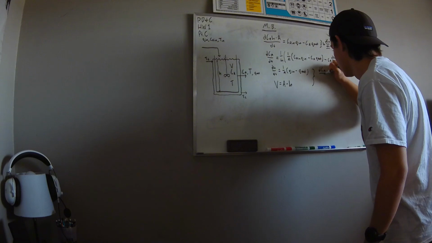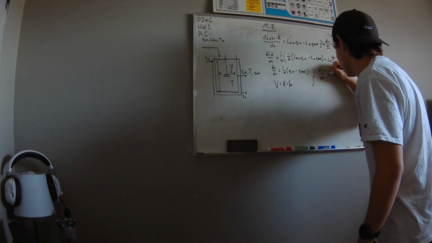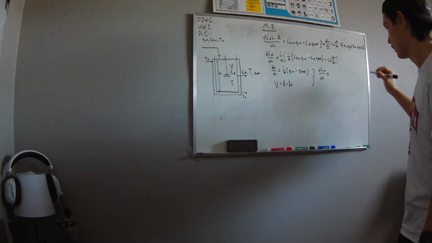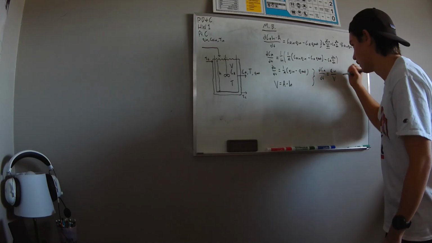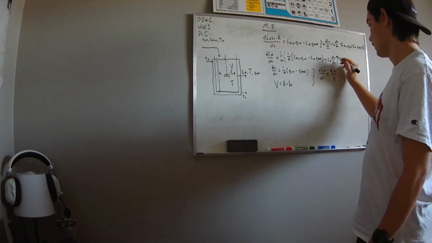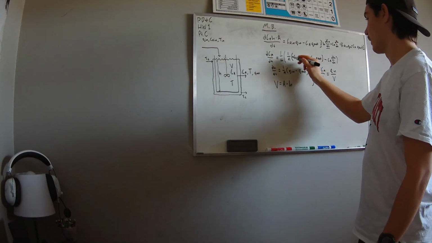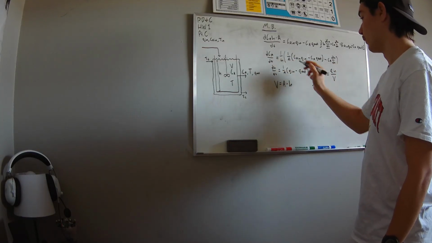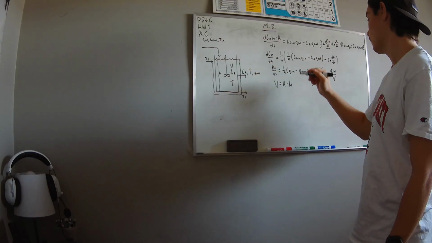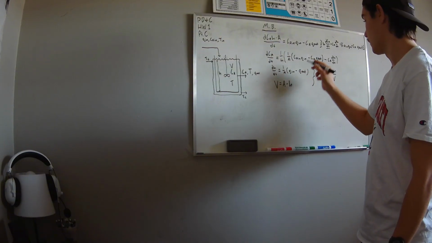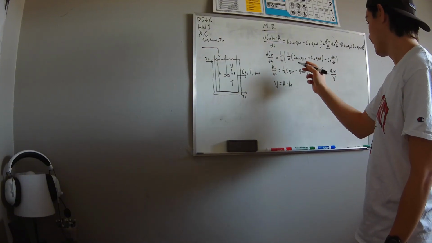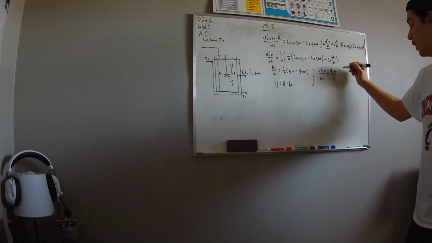dCa dt equals our Qn over our V, as we've got 1 over A here and 1 over A here. We move them both over, we get 1 over H times A, which is just going to be our volume. And then we can also take from this equation and this equation, we can pull our Qn out, putting that above.